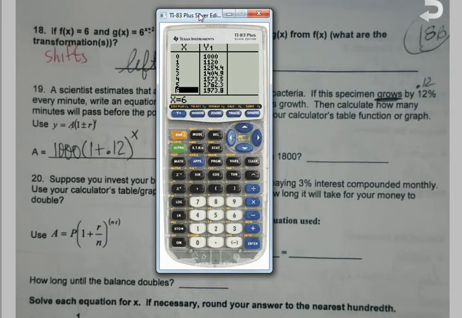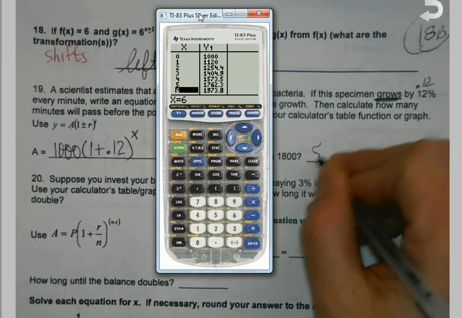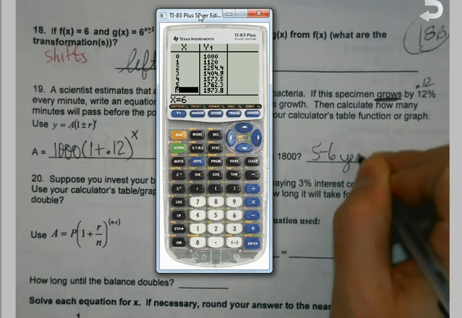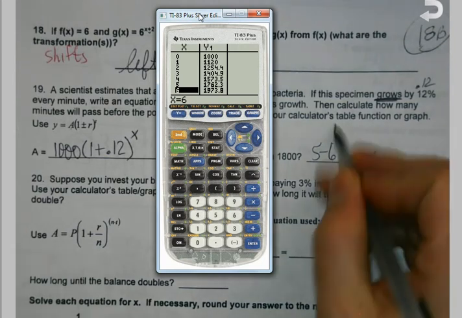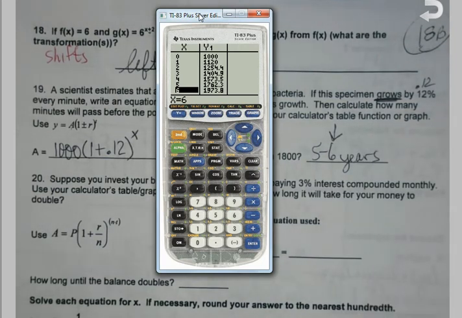It's happening somewhere between year 5 and 6. So I'm always a fan of writing the in-between number, but if you want to say a year, always go to the upper, because if you say 5, well, we're not to 1,800 yet. So sometime during year 6 is when we would end up at that value.